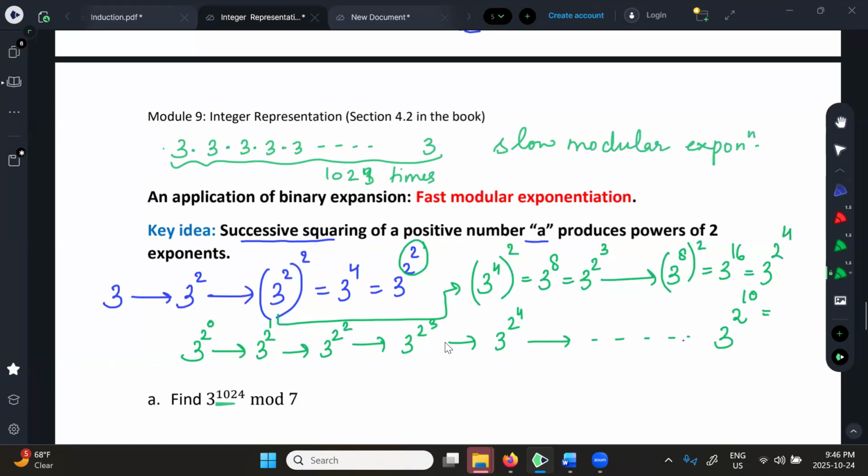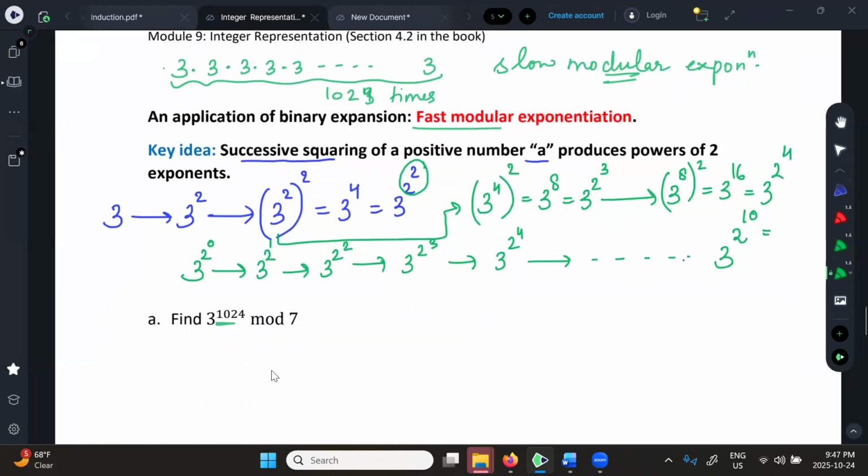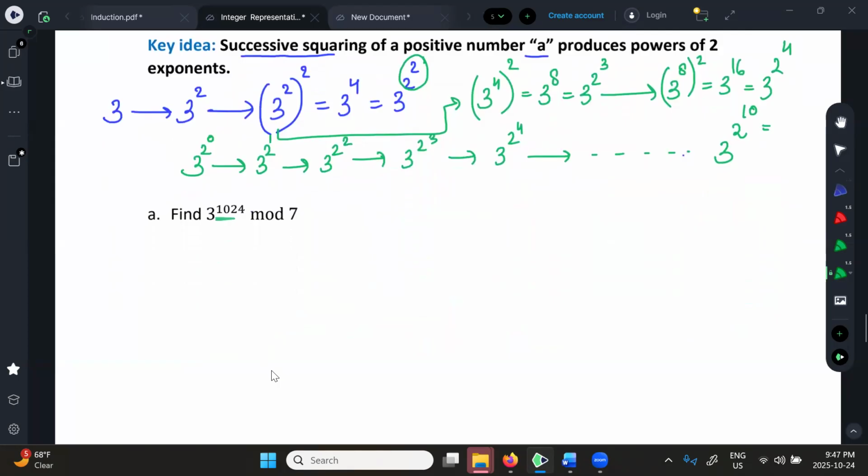And we are not interested in anything slow. We want things fast. Fast modular exponentiation, you square the powers. So you're squaring each time. So basically, the power of 2, which is an exponent, is going to be increased by 1 each time.